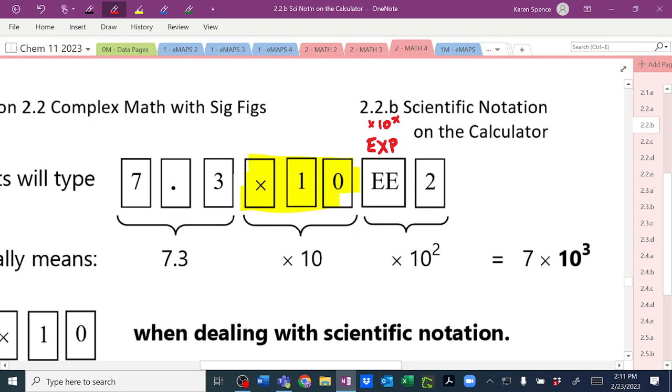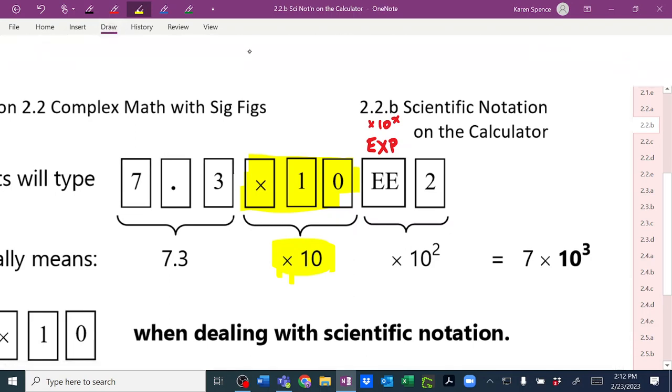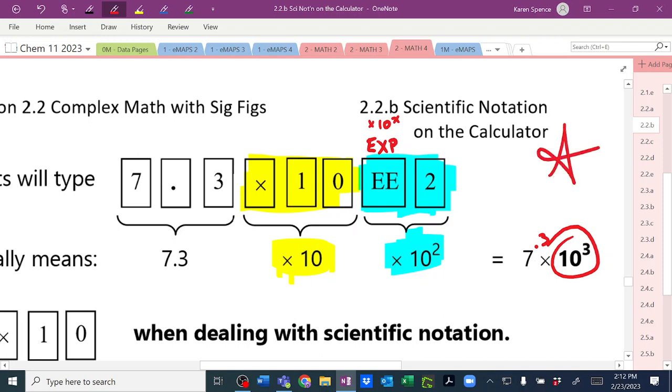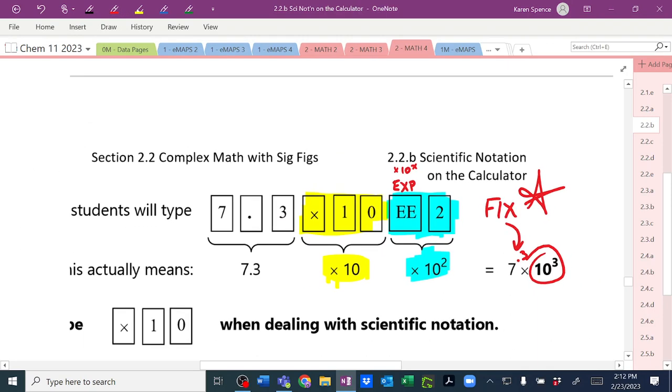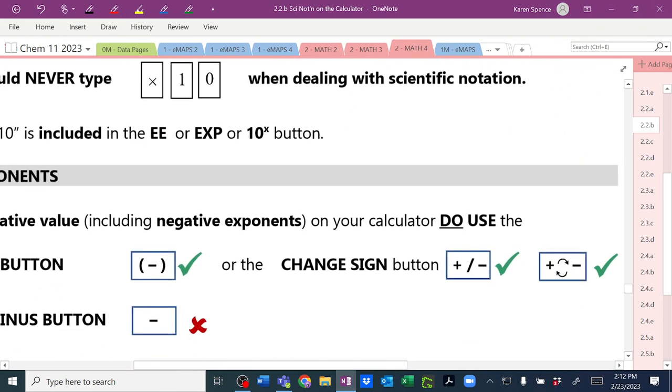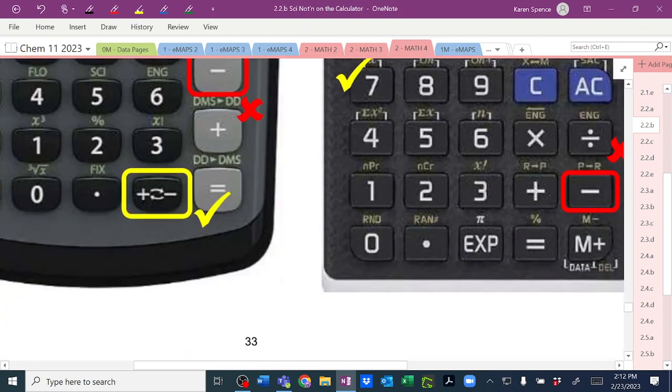The problem with that is that you now have 7.3 times 10, and you also have times 10 to the 2, because that's what that means, which means you now have 0.73 times 10 to the 3, which is not what you want. So never type times 10 when you're dealing with scientific notation. Stay away from the times button.